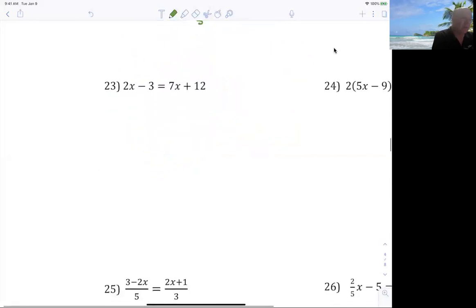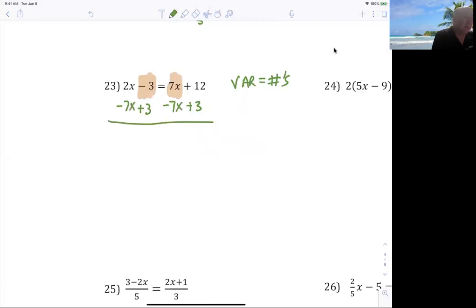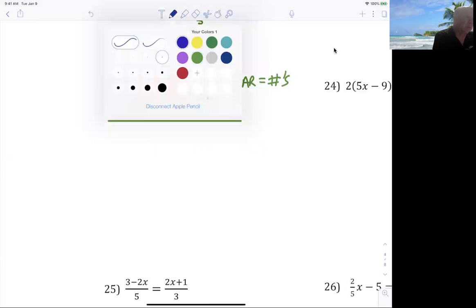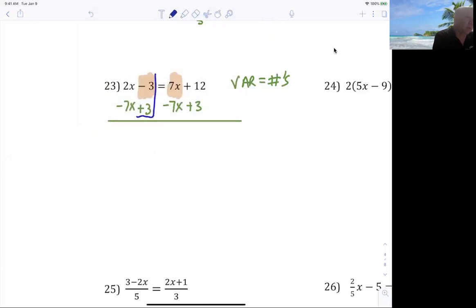Back to 23. Variables equal numbers. So let's figure out what's in the wrong spot. The -3 is in the wrong spot, and the 7x is in the wrong spot. So we're going to add 3, minus 7x, minus 7x. Now what happens? These two cancel, these two cancel, right?